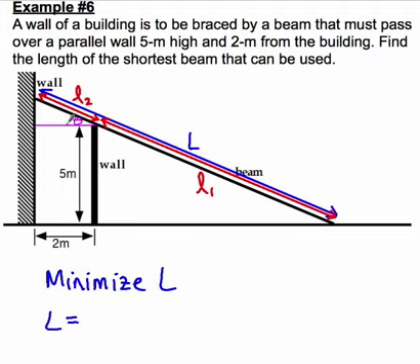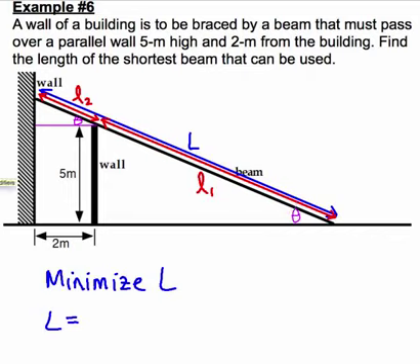Now clearly, this line is parallel to the ground, and that makes this angle up here and this angle down here the same angle, so this must also be theta.